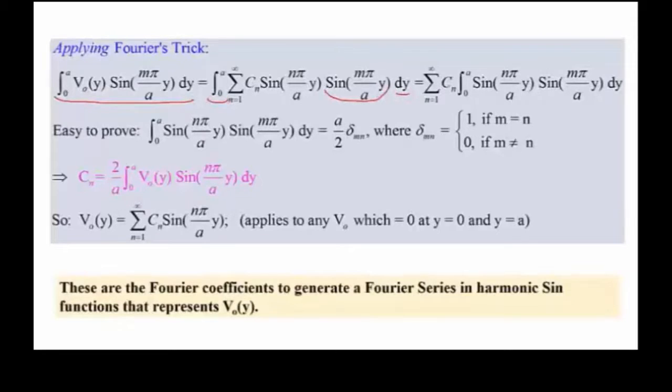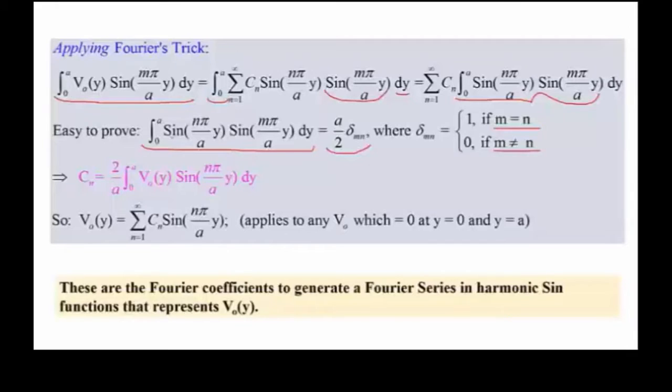Taking the c sub n outside the integral, we have to know about this property: if you have the product of sines, the integral is equal to a divided by 2 times the Kronecker delta mn. Remember that equals 1 if the two integers are equal, and 0 if they're not equal. This is not too hard to prove.